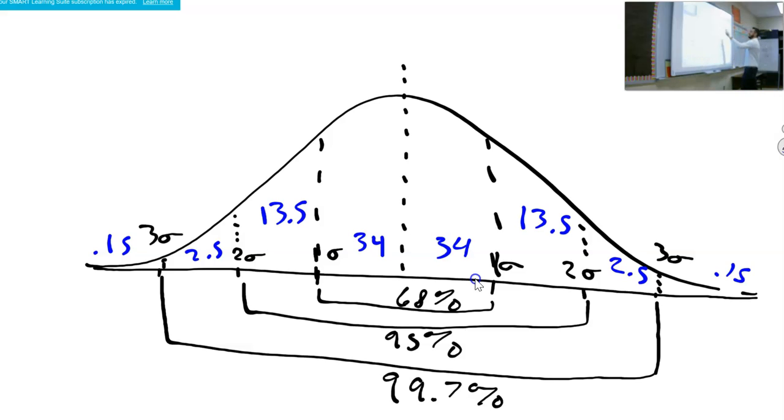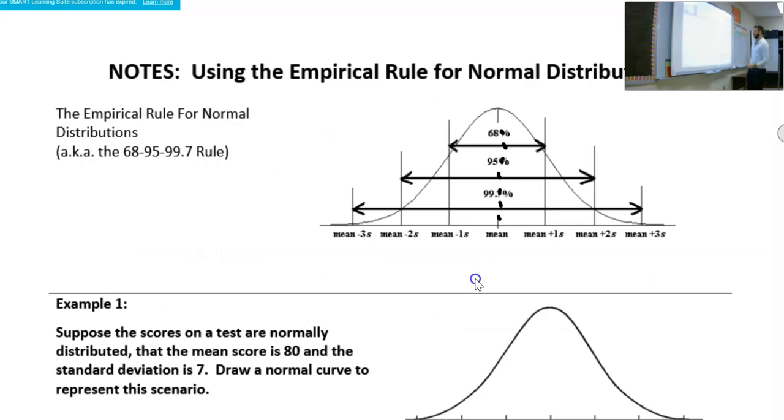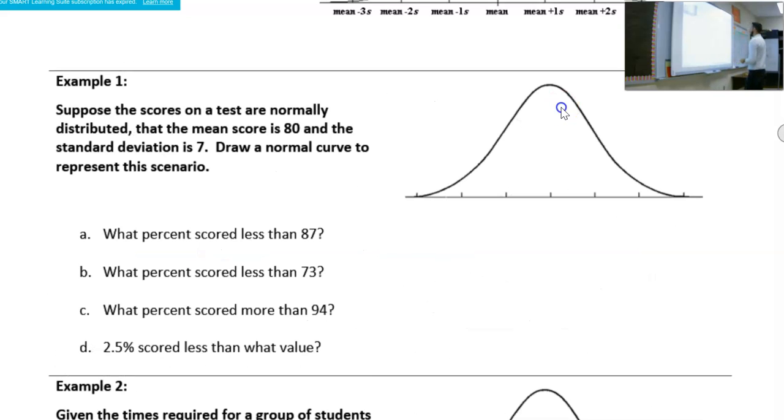So based on this, let's look at an example. Suppose scores on a test are normally distributed. The mean score is 80 and the standard deviation is 7. Draw a normal curve to represent the scenario. Okay, so right here at the mean is 80.